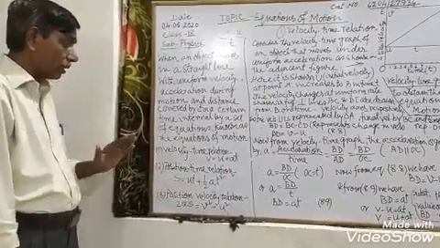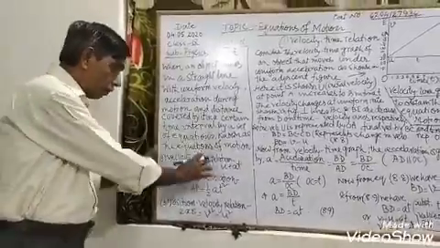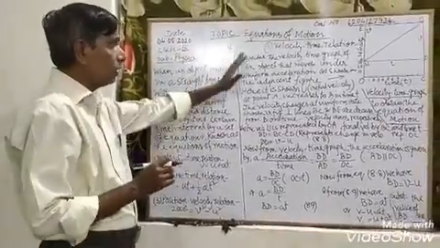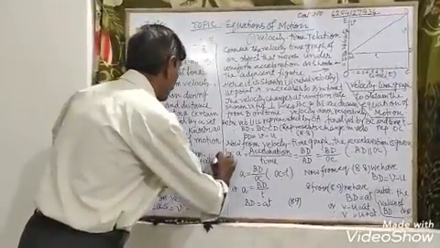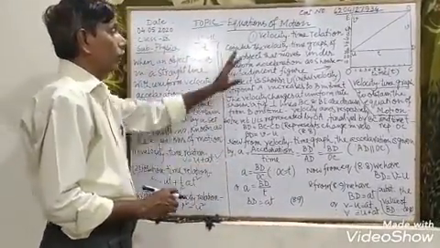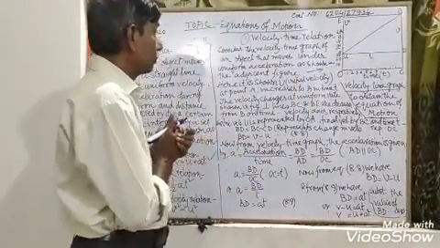These three are known as the equations of motion. So, first equation of motion, v is equal to u plus at. We have to prove this with a graphical presentation.